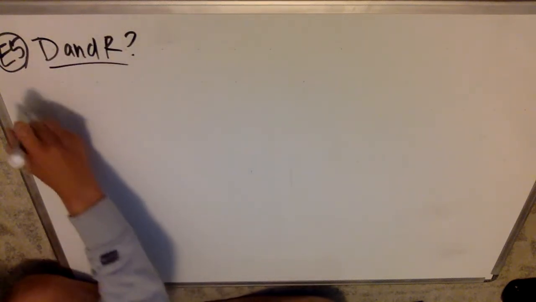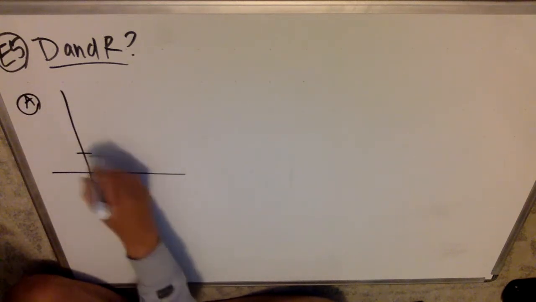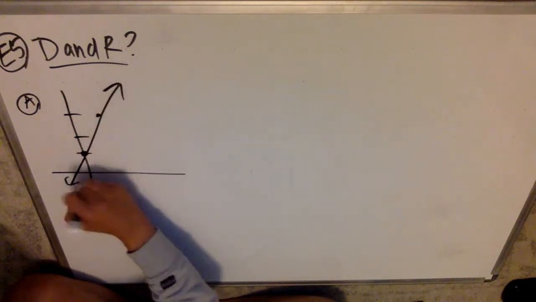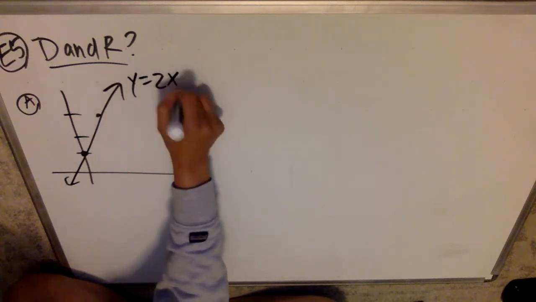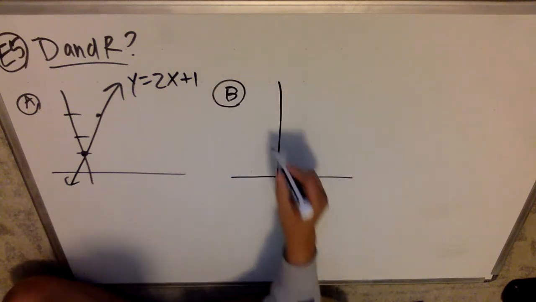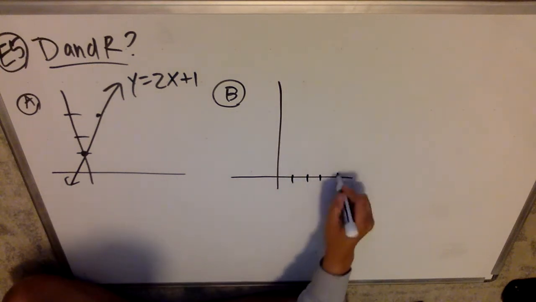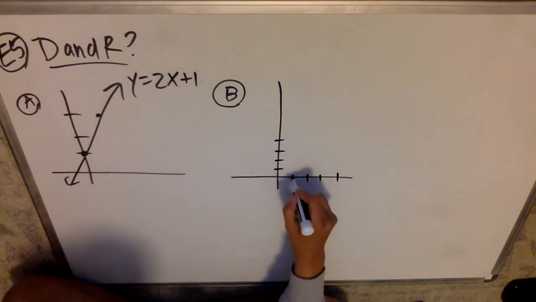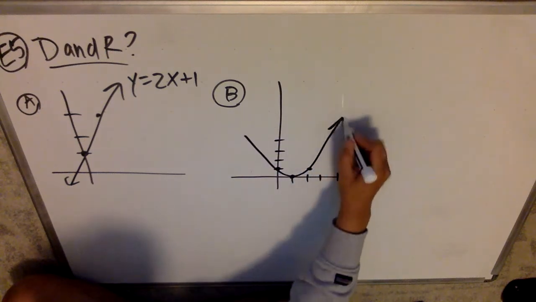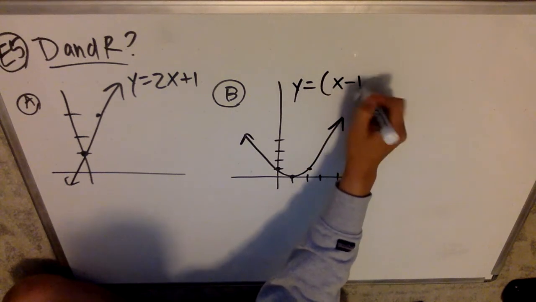So for A, this is the line y equals 2x plus 1. For B, this is y equals x minus 1 quantity squared.